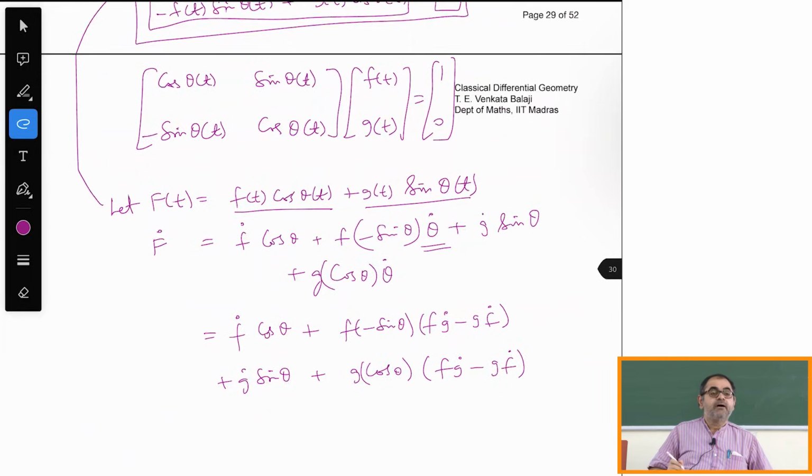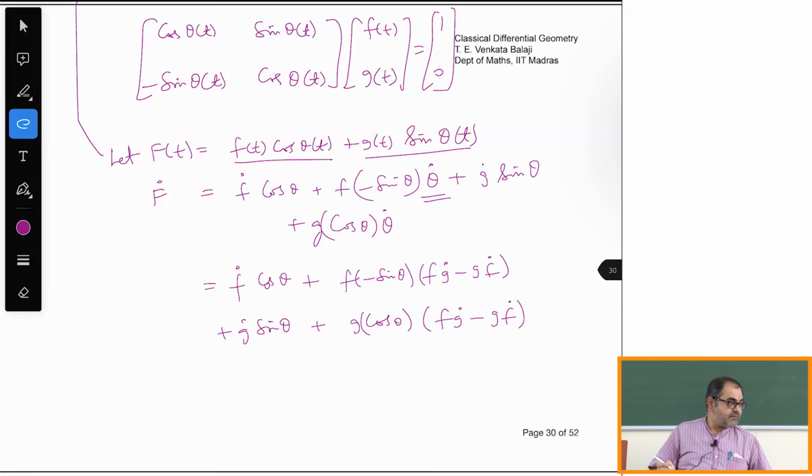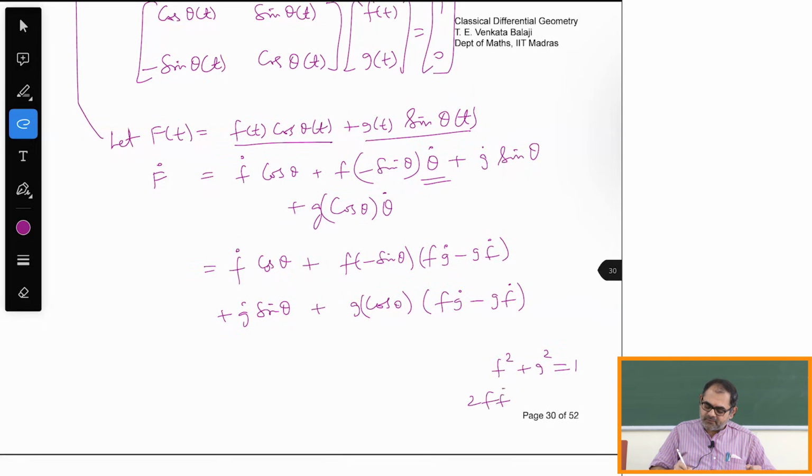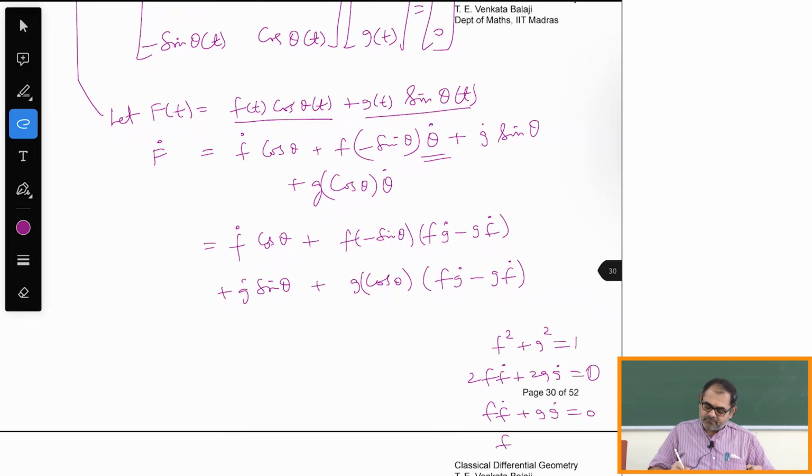So this is one thing I have used. Then there is one more thing, which is the fact that (f, g) is a unit vector. So f squared plus g squared is 1, differentiate, you will get 2f f dot plus 2g g dot is equal to 0. So you will get f f dot plus g g dot is equal to 0, so that f dot can be replaced by minus g dot.